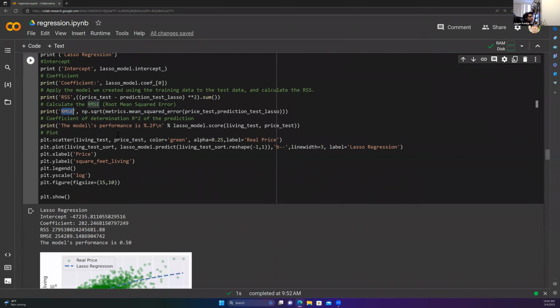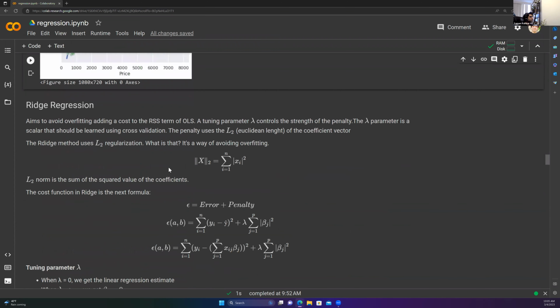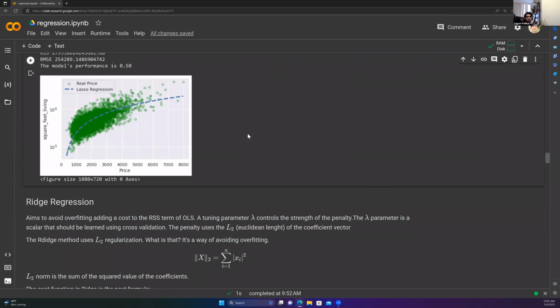And again, you can get the model's performance based on this score function, using the test set and the actual prices that you want to predict. So when you do that, you see again the model performance is still 50%. So not much improvement in the performance of the model. But you also see the RSS and RMSE, the root mean squared error terms, based on the lasso regression. Does that make sense?